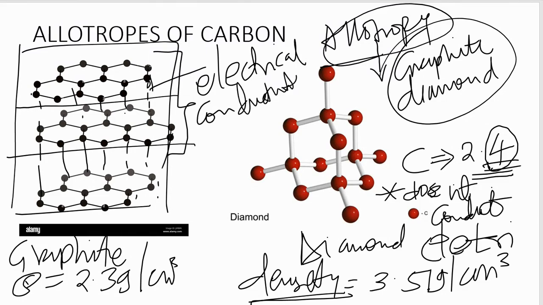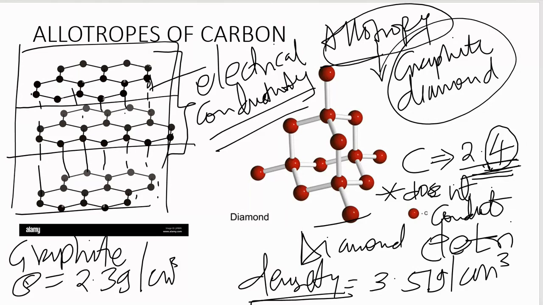So we can say graphite conducts heat and electricity due to that electron that is left during bonding, whereas diamond does not conduct electricity because all the 4 valence electrons are used in bonding.